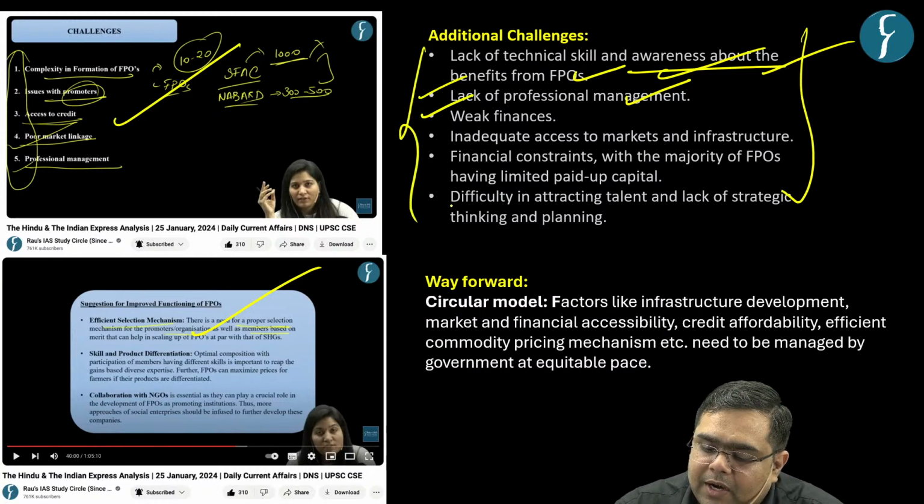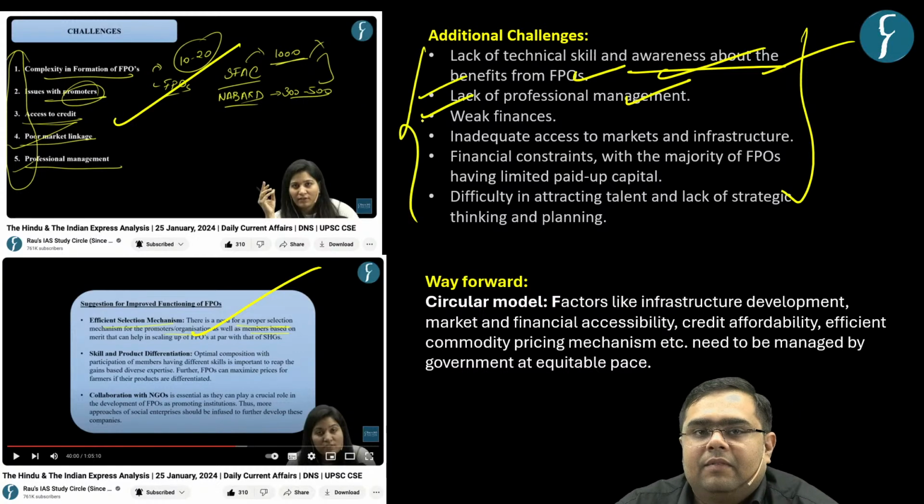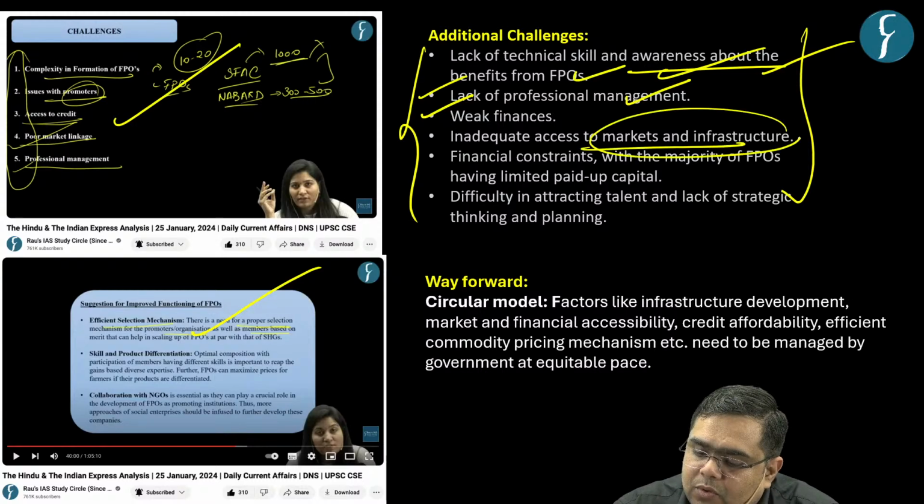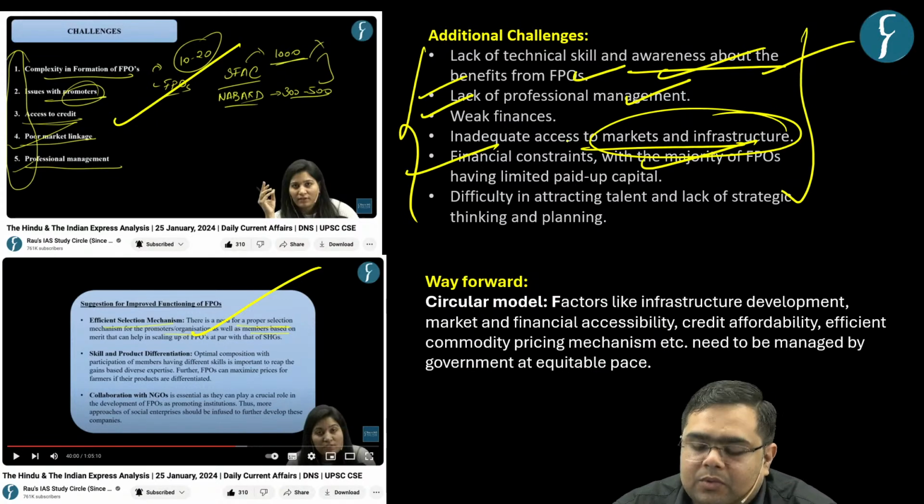Then again, similar to the issues that are there with respect to self-help groups in India, they also face the issues of weak finances, inadequate access to market infrastructure, then financial constraints which are faced also by the SHGs.